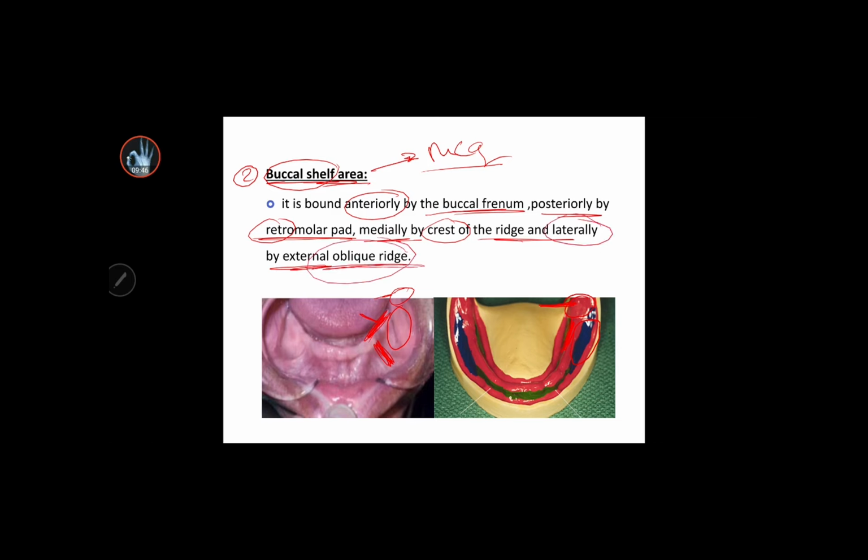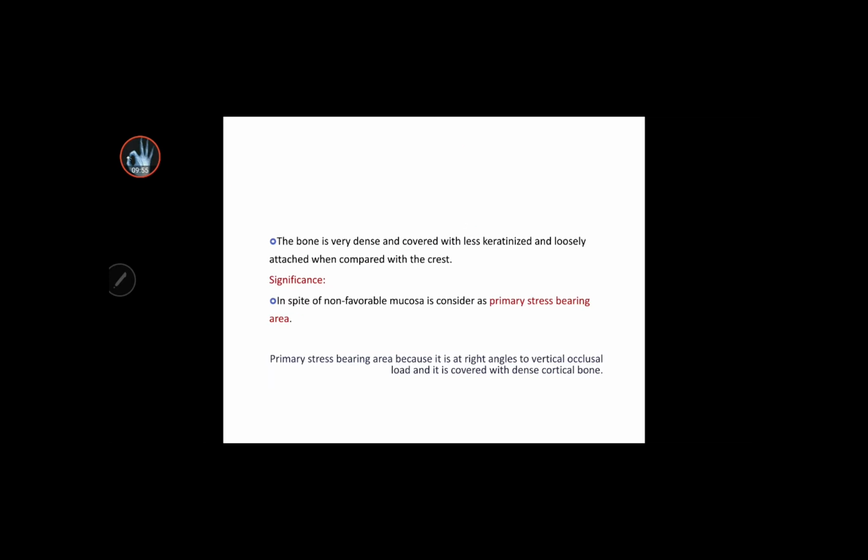So this is the external oblique ridge, from that side. Generally, the bone is very dense on the buccal shelf and covered with less keratinized mucosa, loosely attached when compared to the crest.